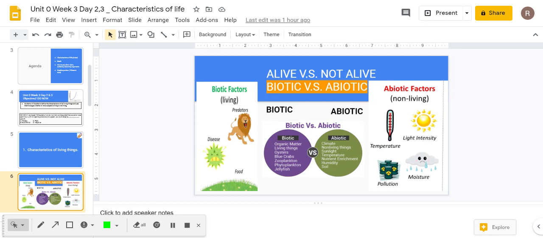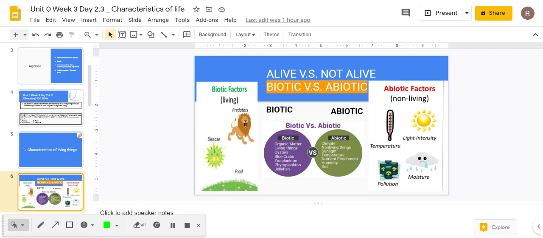Some biotic factors would be animals and humans, potentially a disease like a virus. We could talk about food when it's growing, so that would be plants and trees, or any vegetable when it's connected to the ground, growing and utilizing the energy from the earth.